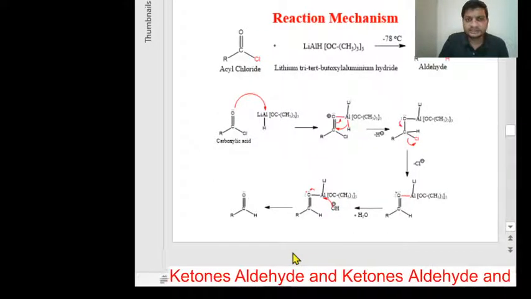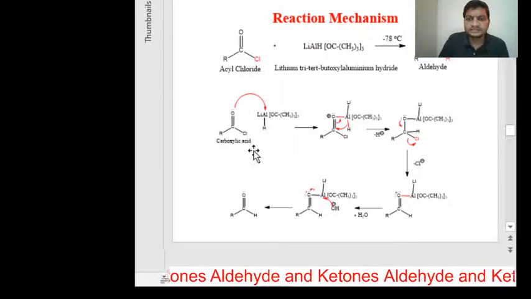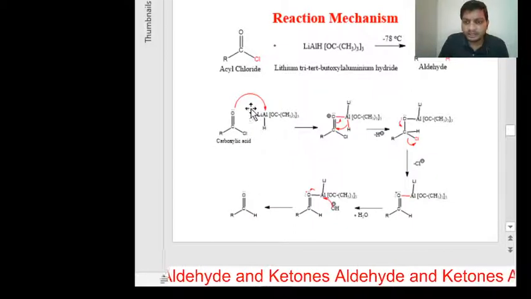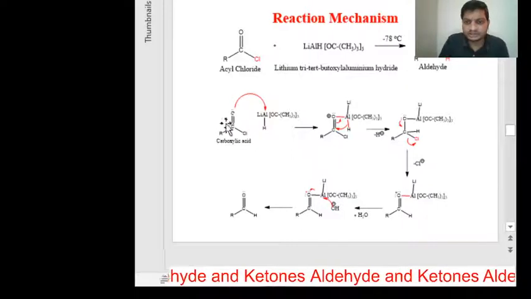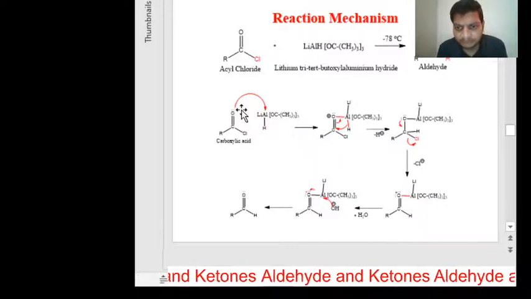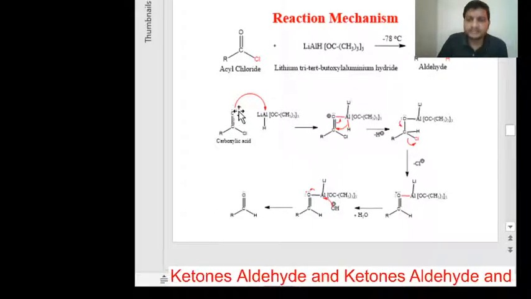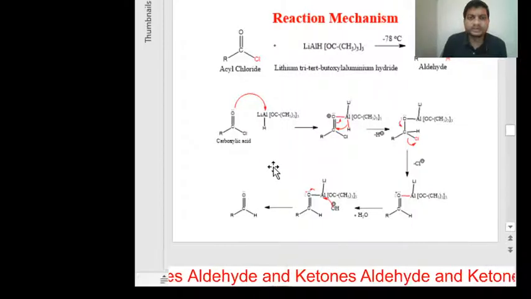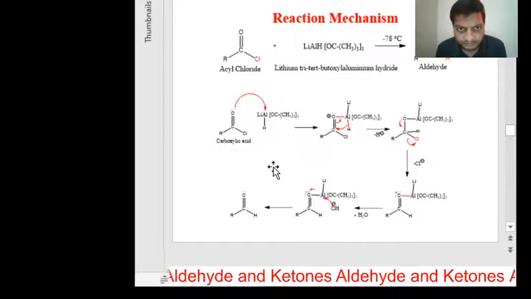So in this reaction, in the acyl chloride, the oxygen contains extra electron pairs, so the electron pair attacks the aluminum because aluminum is electron deficient.